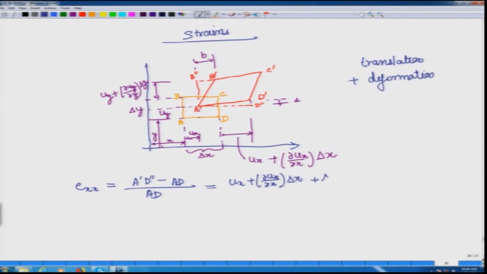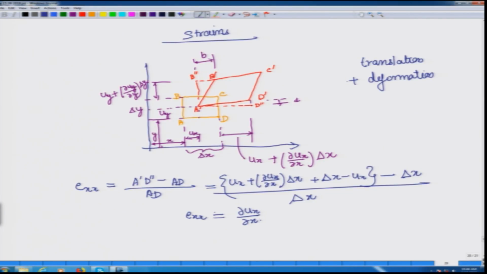So, this is delta x minus ux, this whole part is A prime D double prime. Now, we have to subtract AD, which is nothing but delta x, and then divide it by delta x AD, and you would see that it will come down to nothing but del ux by del x. So, Exx is equal to del ux by del x.